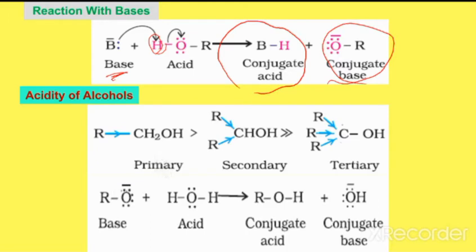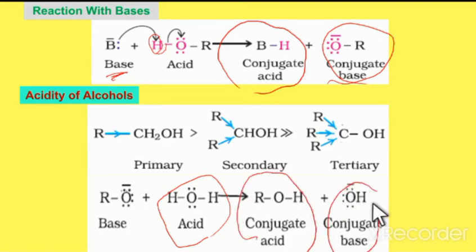So alcohol can act as an acid as well as a base. When the alkoxide ion is treated with an acid like water, since alcohol is less acidic than water, it acts as a base. So we obtain the conjugate acid, in addition to hydroxide ion as a conjugate base.